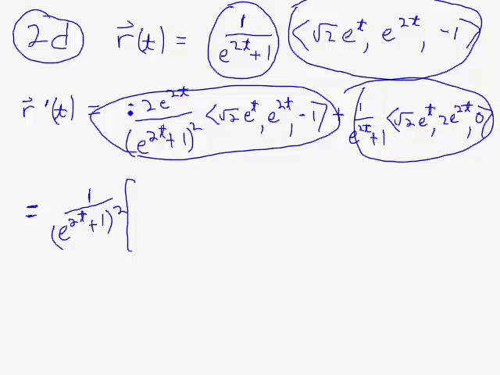Which leaves me, if I distribute this, or it's not really distribution, it's really scalar multiplication times this vector, with the vector negative 2 square root 2 e to the 3t, comma, negative 2 e to the 4t, comma, 2 e to the 2t.